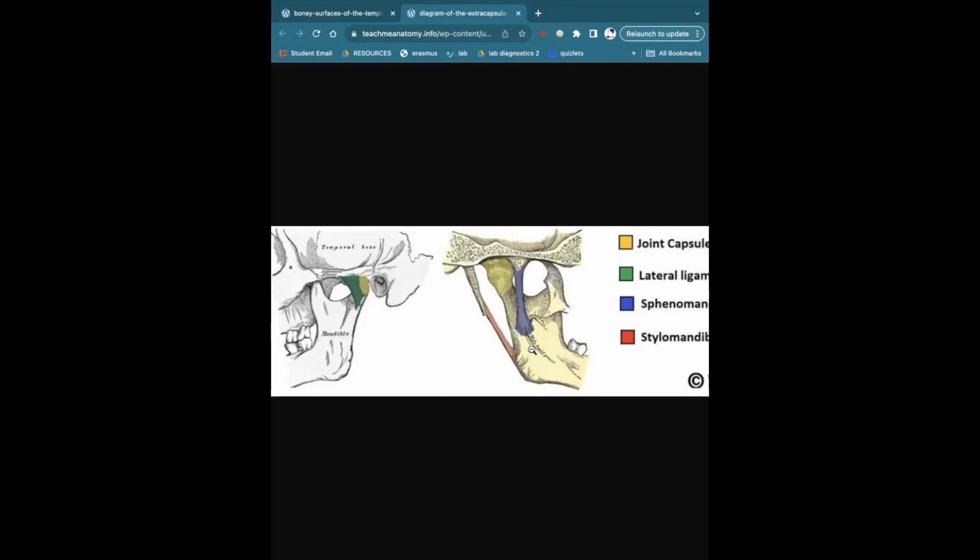It is a thickening of the joint capsule.